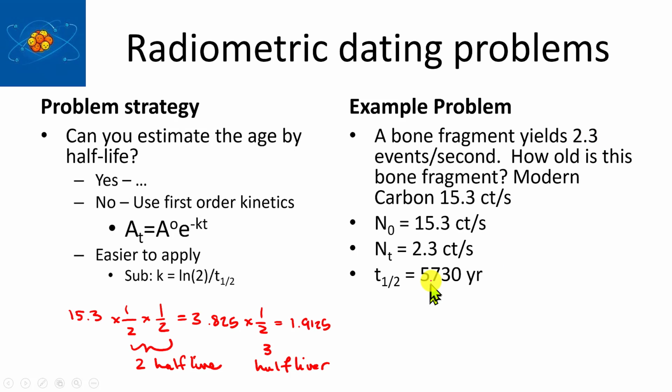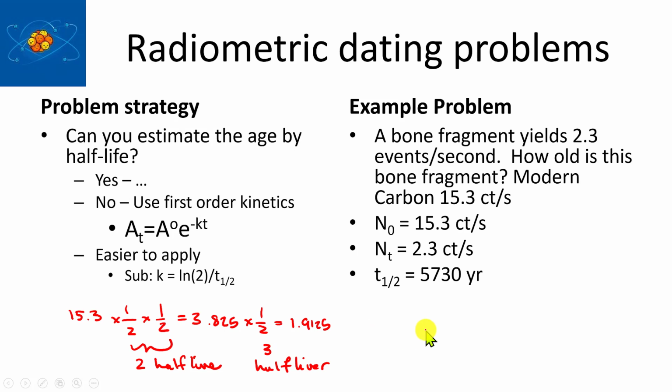So what's 2 half-lives? 2 half-lives would be 5,730 times 2, and then 3 half-lives would be 5,730 times 3, right? It is actually reasonably close to this value and a little bit further from this one. So I'm saying it's closer to the older number, about 15,000 or so years old, just based on the number of half-lives.